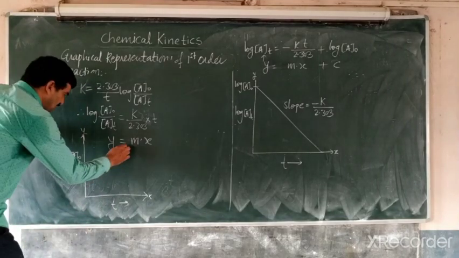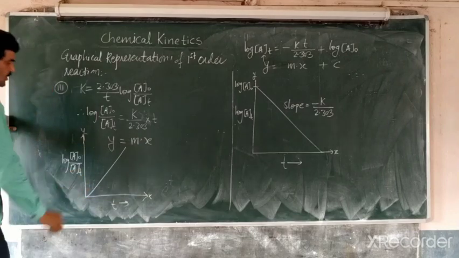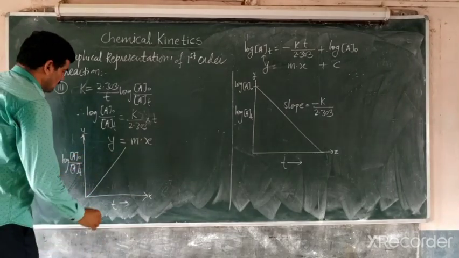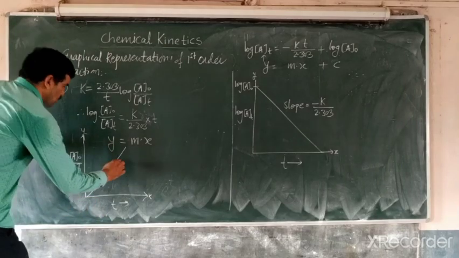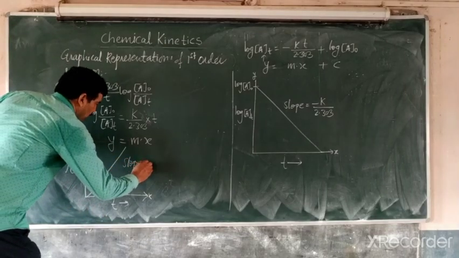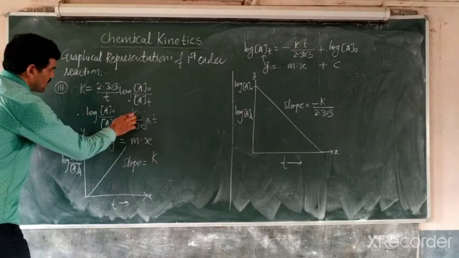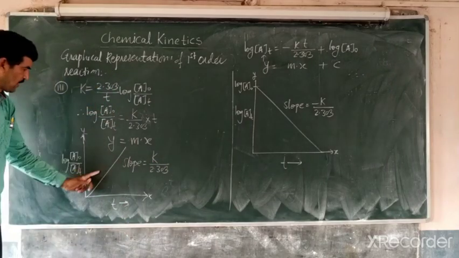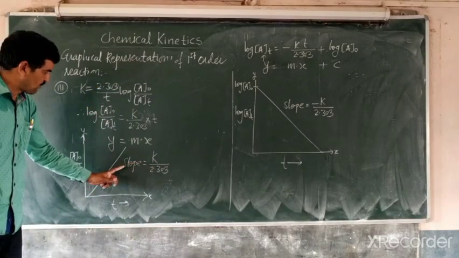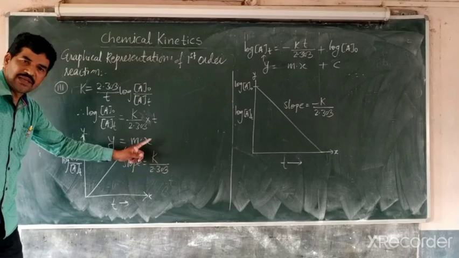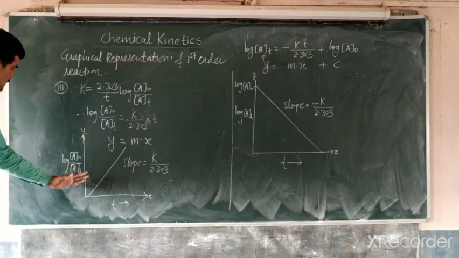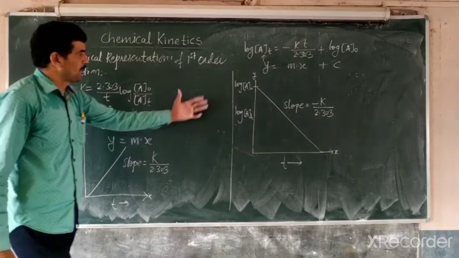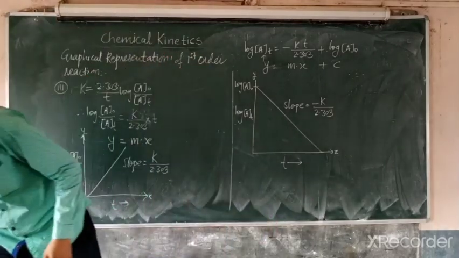Then here we get a straight line passing through the origin, and the slope of the straight line will be equal to m, which is nothing but k upon 2.303. So here the slope will be positive, and from the value of slope it is possible to determine the value of the rate constant of the first order reaction. So this is another graph of the first order reaction. So there are various graphical representations of the first order reaction.